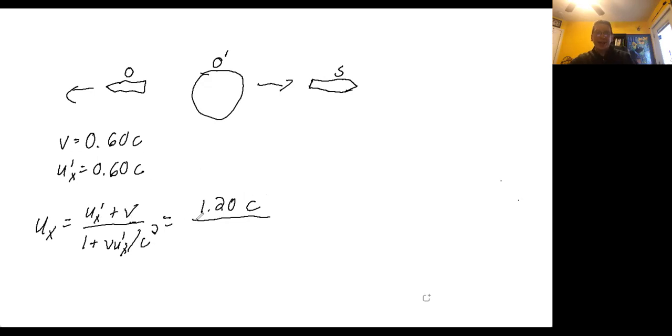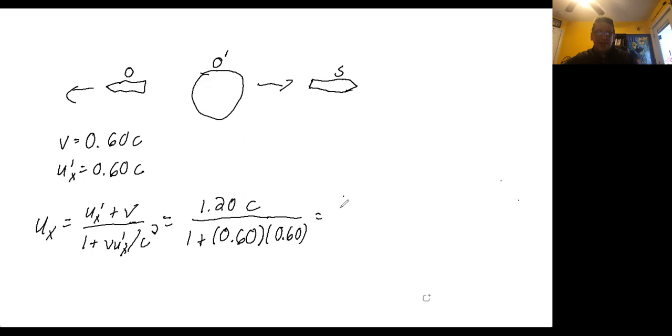You add these two together. The denominator is 1 plus, so V is 0.60, and the second number is 0.60. The c terms cancel out in the denominator.